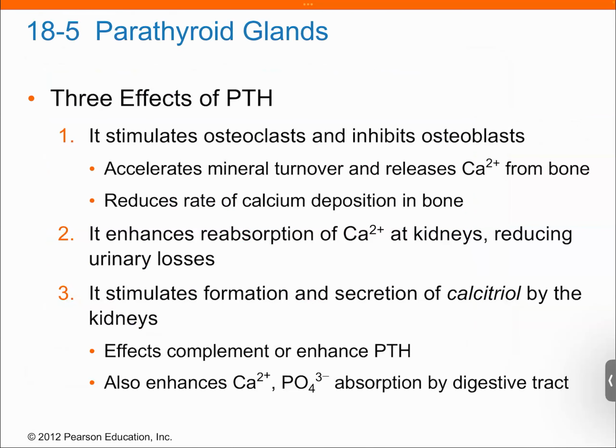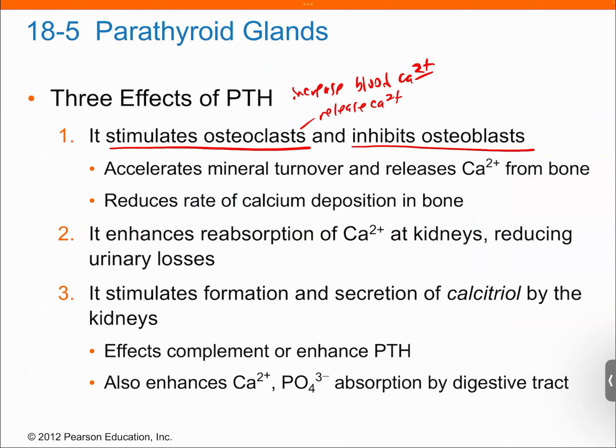Okay, so that's good, but what does PTH do? Well, you would imagine, first of all, it antagonizes calcitonin. So whatever it does, it basically increases blood calcium levels, right? That's what it's going to do for a living. By doing that, the first thing it does is stimulate osteoclasts, so that releases calcium into the blood, because the osteoclasts will break down the bony matrix and release the calcium into the blood.